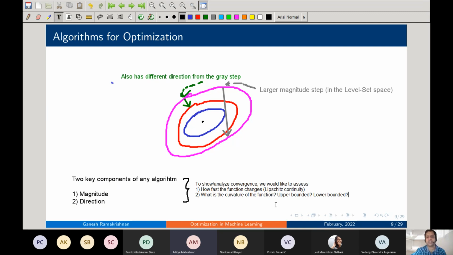For very drastically changing functions, that's actually related to continuity, the function change oscillates, right? Oscillation could be because of drastic changes.